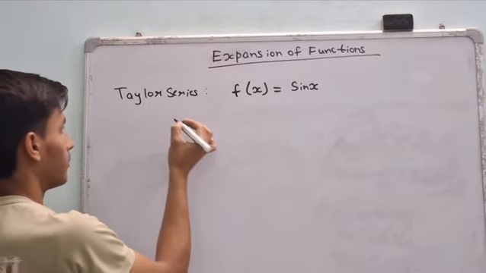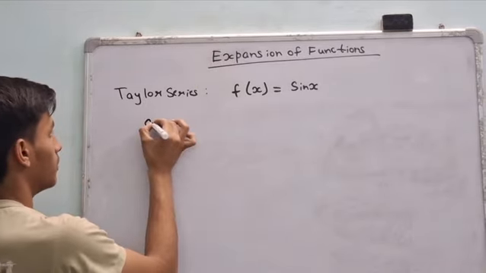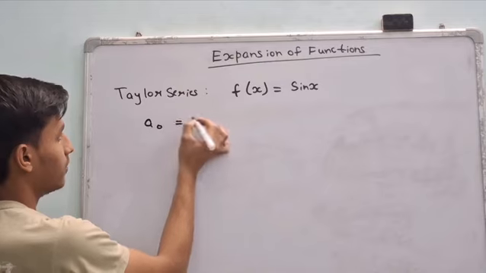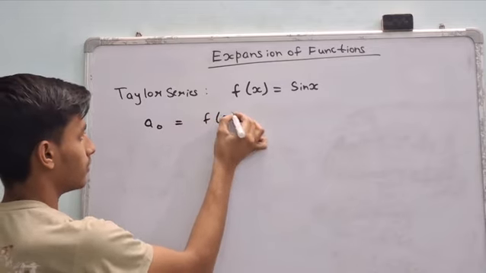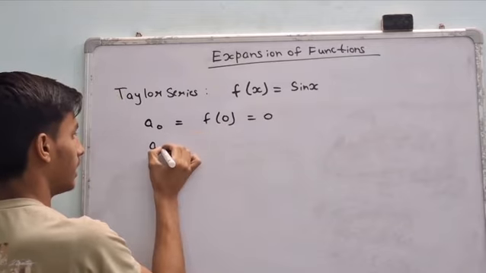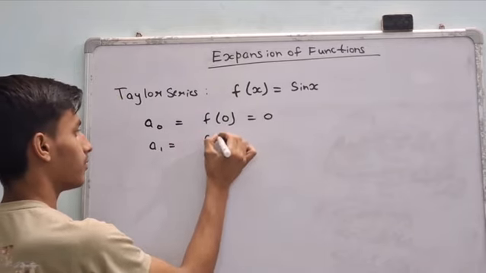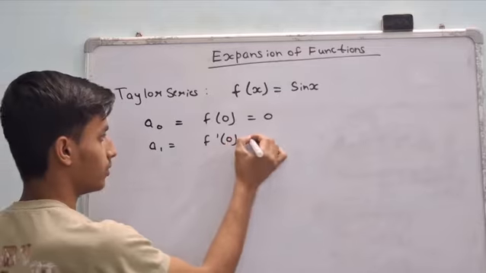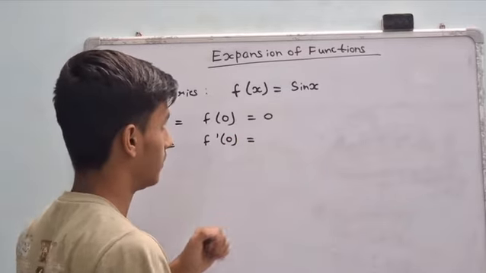So let's find the first coefficient, a0, which will be equal to f of 0, and f of 0 for sine of x is 0. a1 will be the first derivative at 0.